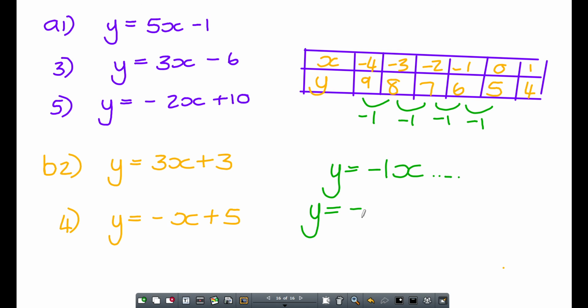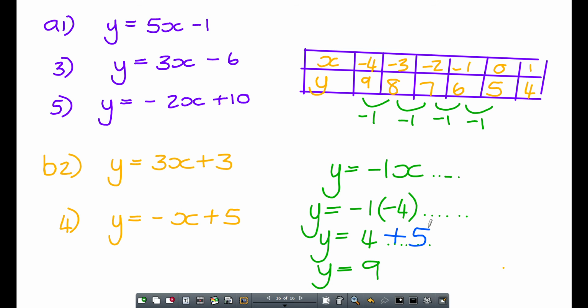So y is equal to minus 1 times, so instead of x, I'm going to use my first x value of minus 4. I don't know what's going to happen after that. But minus 1 times minus 4 gives me positive 4. And I'm supposed to get 9. So what did I have to go and do here? Plus 5. So that's how they got minus 1x or just minus x plus 5. You fine with that?